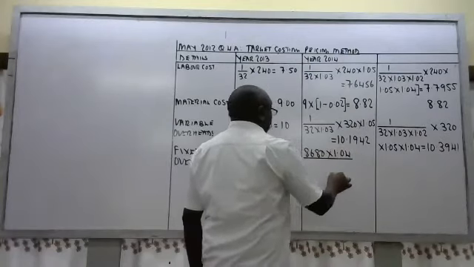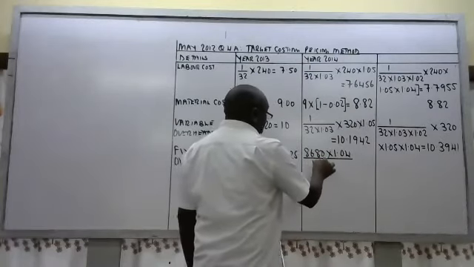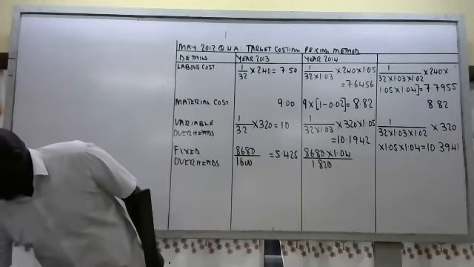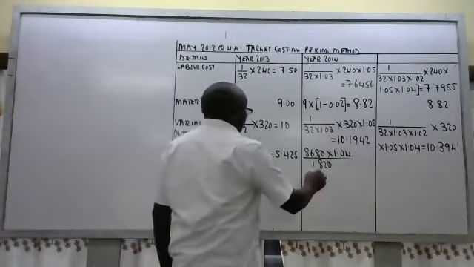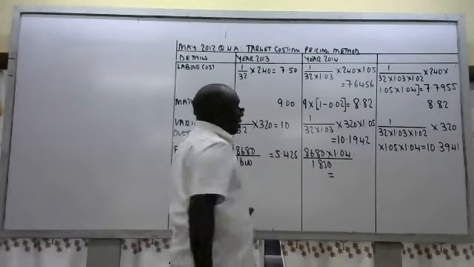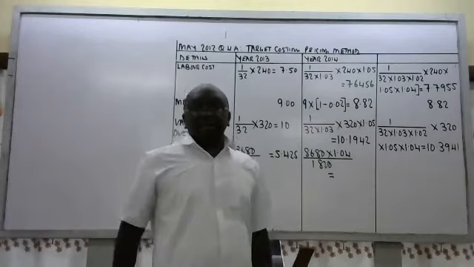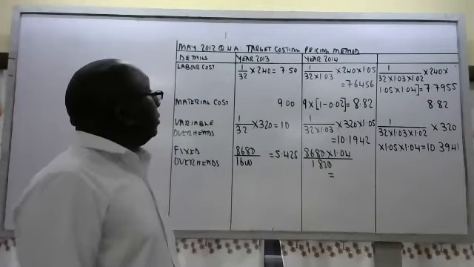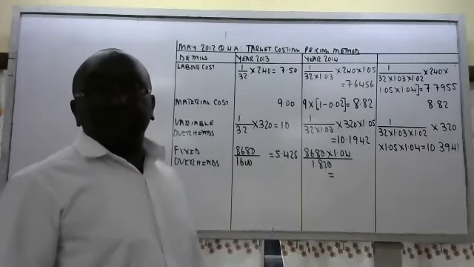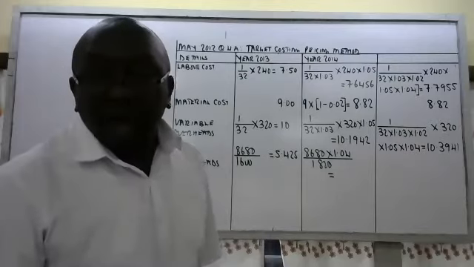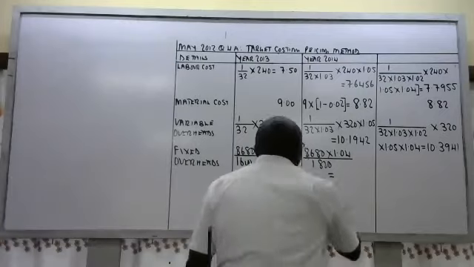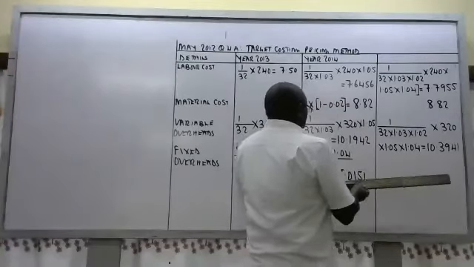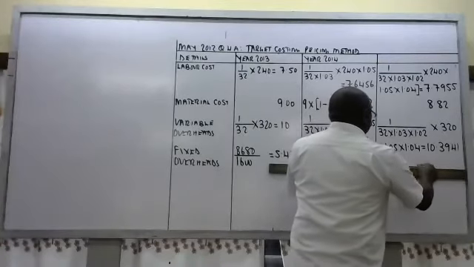You multiply by that, then you divide by the number of units, which in the second year we are told they are 1800. That gives 5.0151.